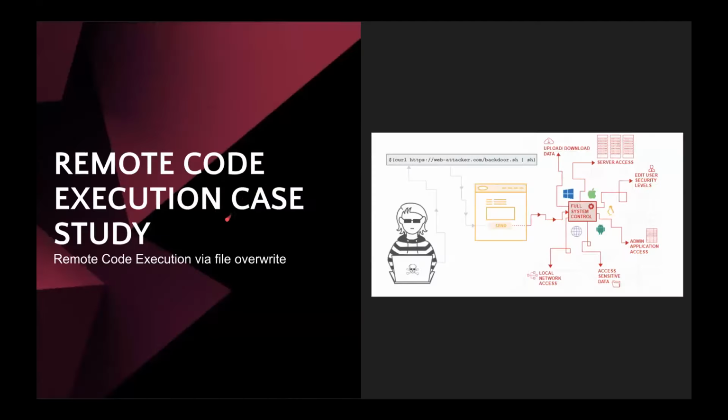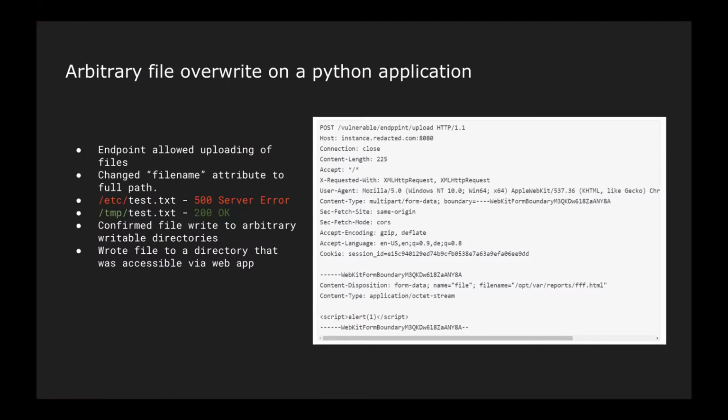I will start off with a remote code execution case study using file override. This was an enterprise level application, and it is a Python based application, so not just a PHP application where you can just upload the file and get an RCE, right?